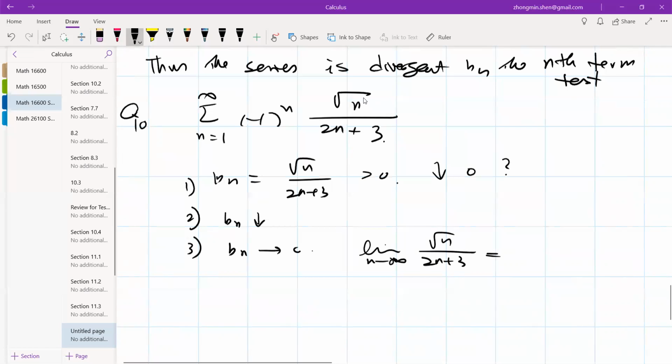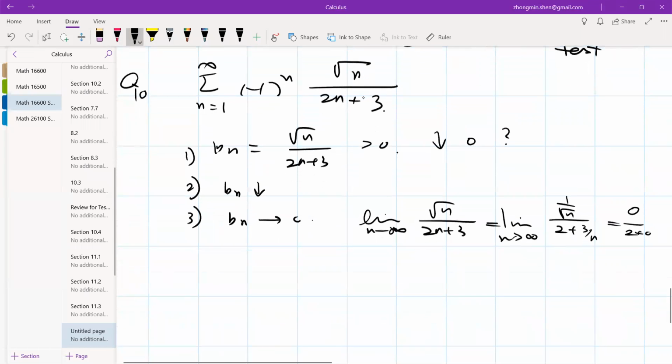How do you see that? You just divide by square root of n. So it's 1 over square root of n, over 2 plus 3 over n. The numerator is going to be 0, the denominator 2 plus 0. That's a 0.